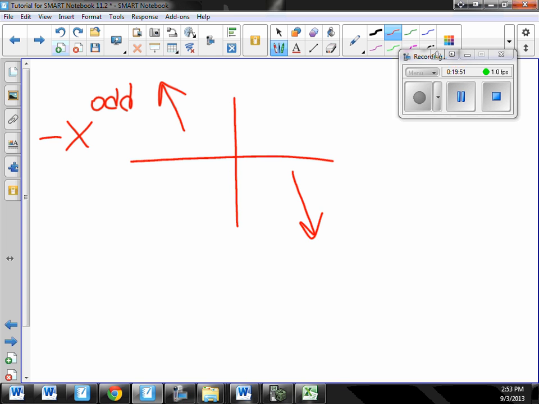I don't have any idea what happens in the middle. Just draw the picture. Okay? If it's positive and odd, what would that picture look like? The left side goes down and the right side goes up. And then you'll need to do the same thing for the even numbered ones.